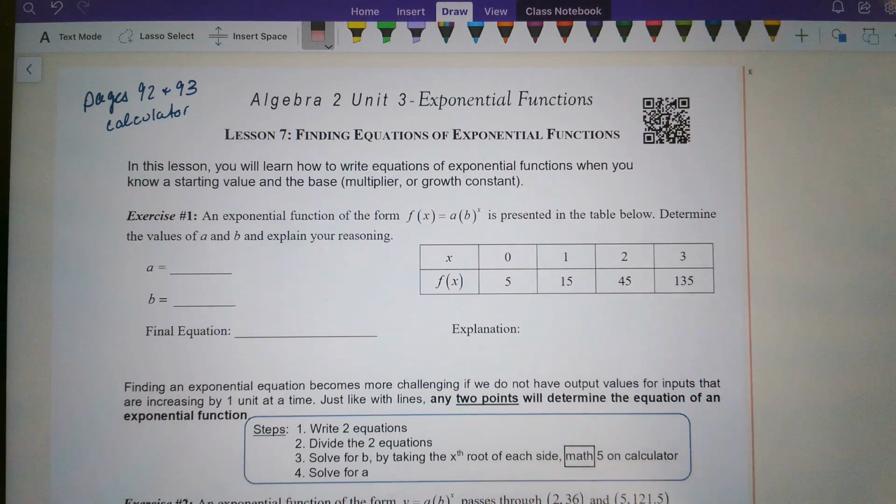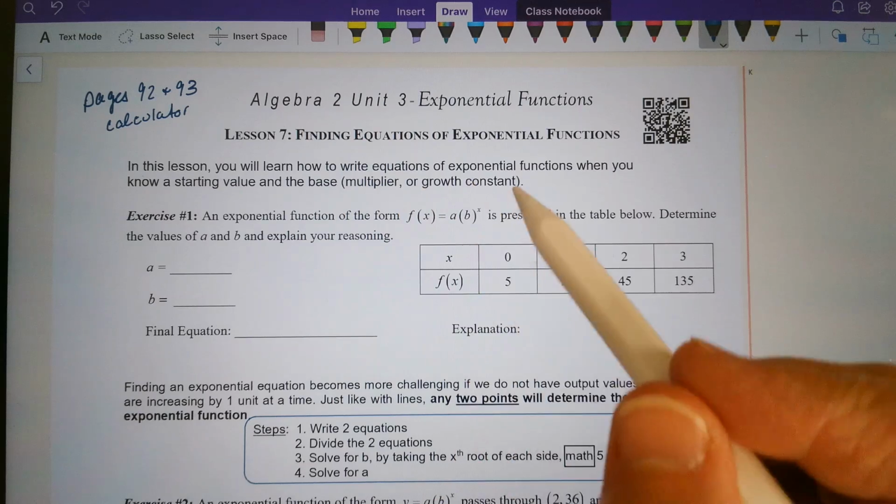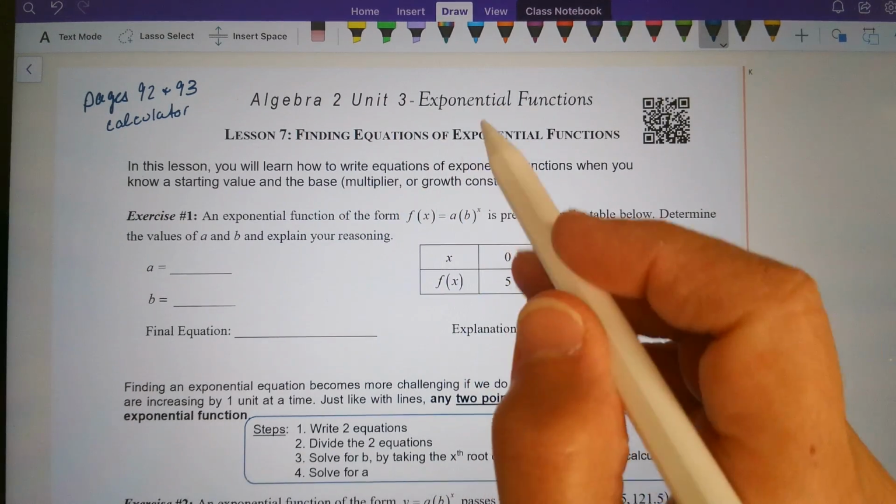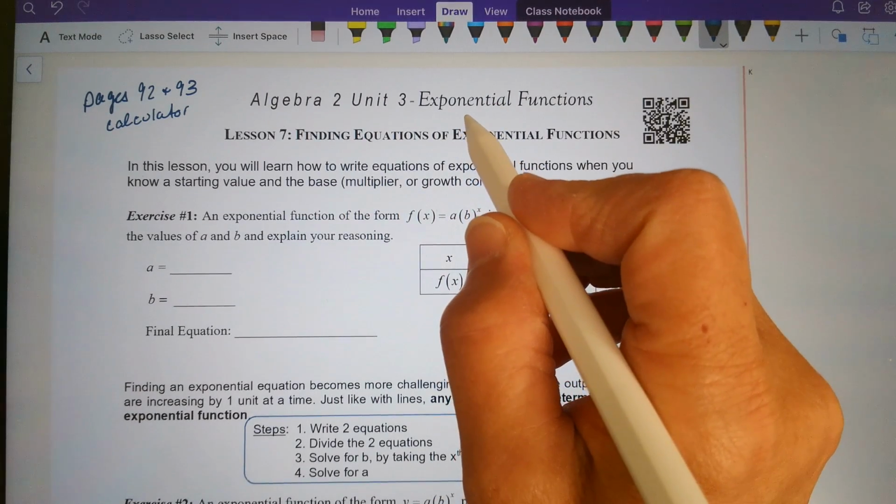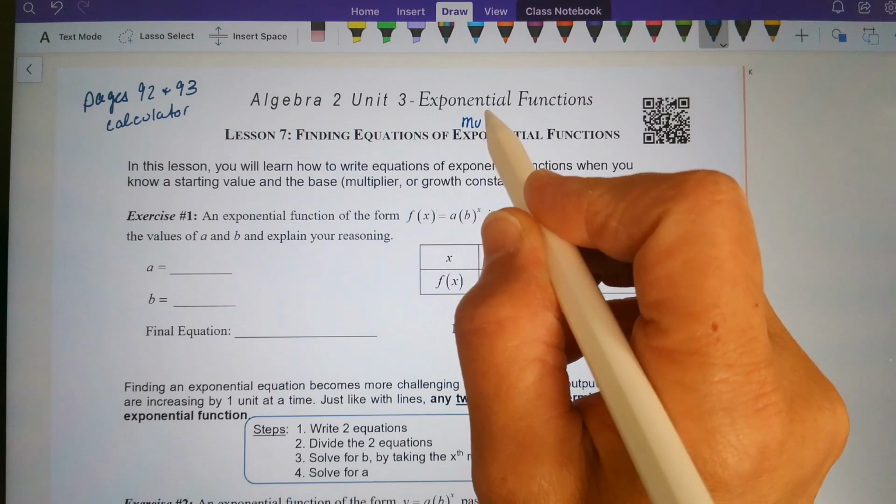Today we're on pages 92 and 93 of our textbook, Unit 3, Lesson 7, Finding Equations of Exponential Functions. It'd be very helpful to have a calculator with you for today's lesson. An exponential function has a constant multiplier.